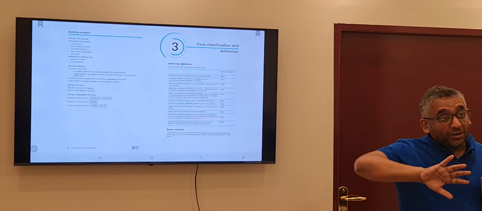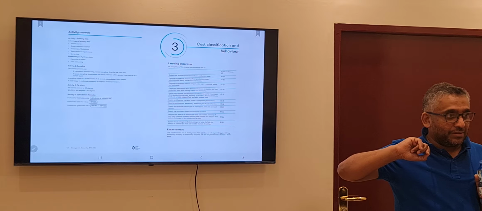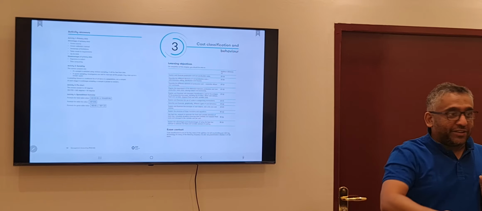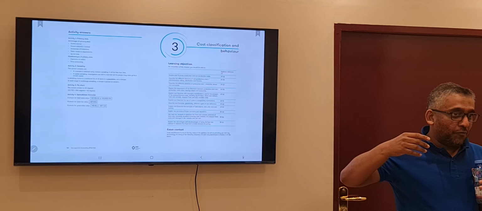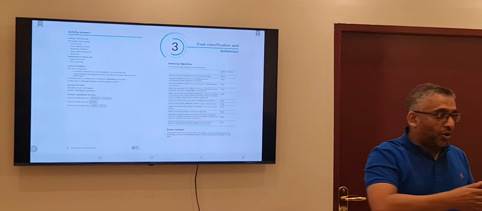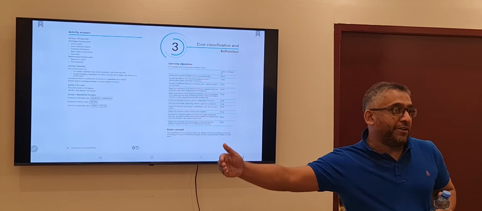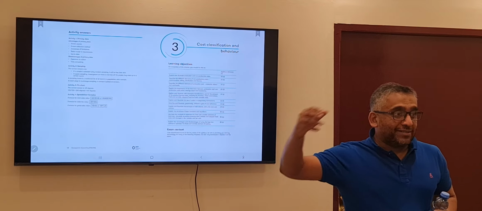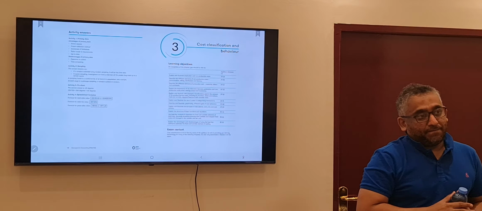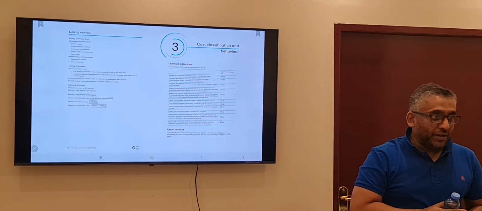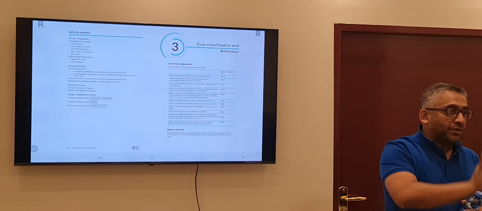Some other expenses are not directly attributable. For example, you have a production supervisor. That gentleman is not doing production, he is supervising the laborers. Therefore, that supervisor will be on this plant today, tomorrow in another process, the day after tomorrow in another factory. Therefore, the salary paid to that supervisor is also a cost to the company, but is not directly attributable to the particular product or service.